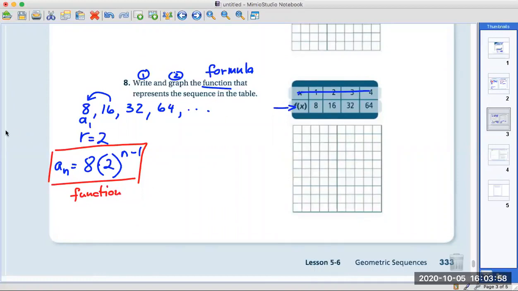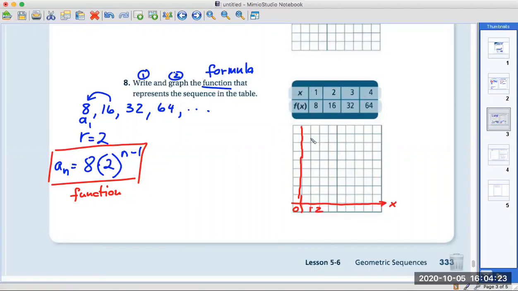So when I graph it, I'll just plot these points. Make it easy. Notice they're all positive, and so I don't need the negative part. So I'm gonna do quadrant 1 mostly. Here's my 0, 1 on the x.